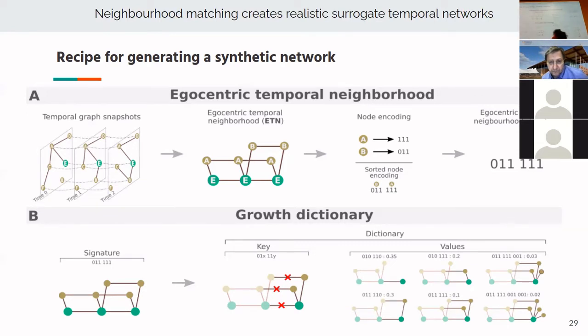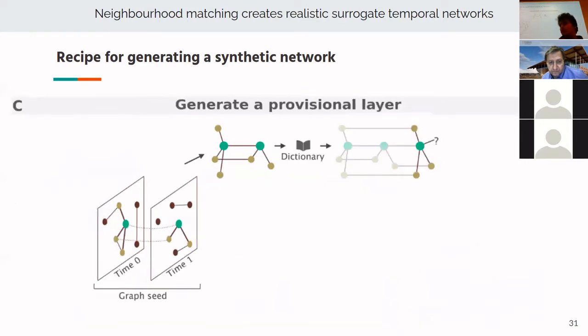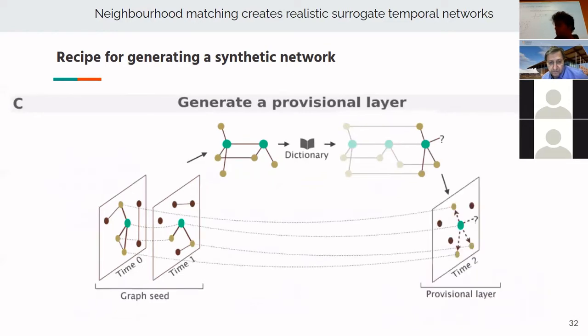We use, I mean, it's a parameter, and in the results I'm going to show you, we use 2 temporal steps, meaning key equal to 2, meaning 3 temporal steps. And okay, so we extract this structure, query the dictionary, get this new structure, and we use the last layer to build what we call the provisional layer.